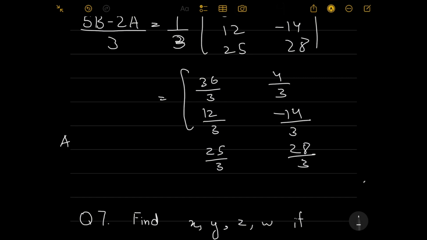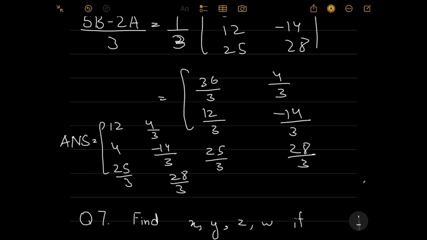So I'd write the answer rather here. So 36 divided by 3 is 12, then 4 by 3, then 4, minus 14 divided by 3, 25 divided by 3, 28 divided by 3. So this is the answer.